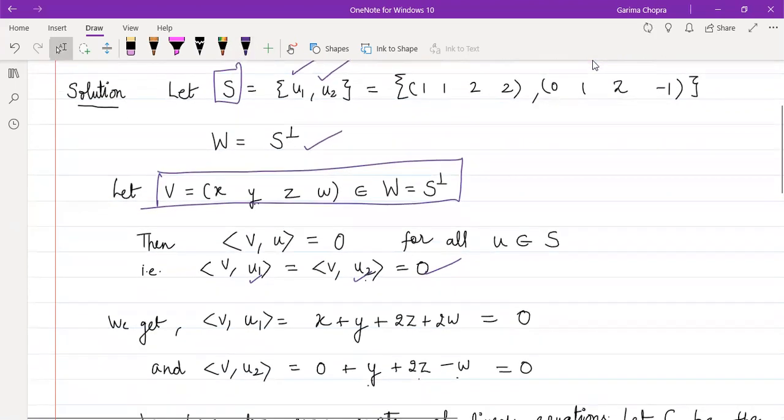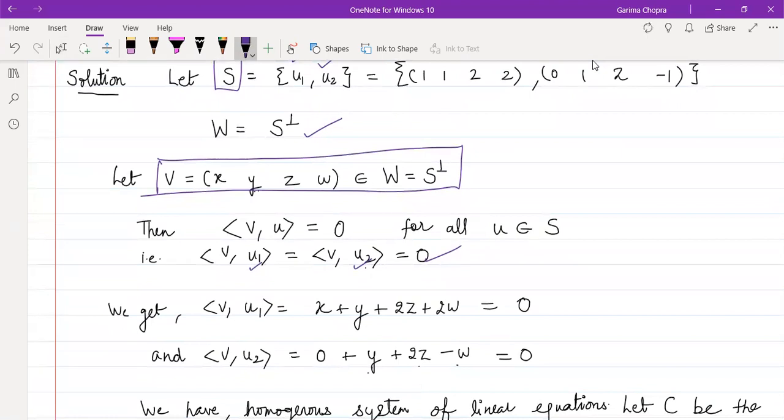Now we are evaluating the inner products with the standard inner product, the results which we have for the standard inner product in this 4-dimensional space R4. So by evaluating the inner product, we have this sum. If we see this vector v, its first component is x.